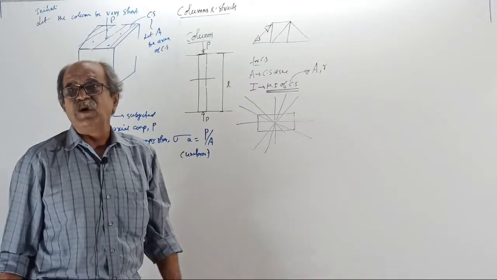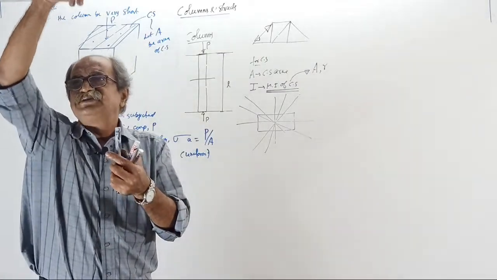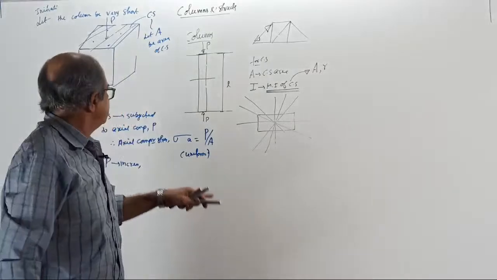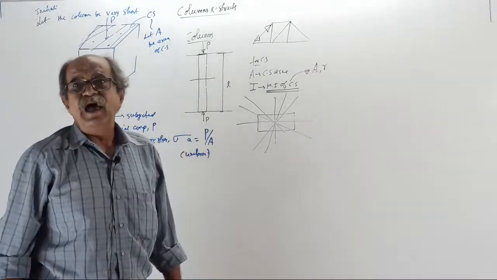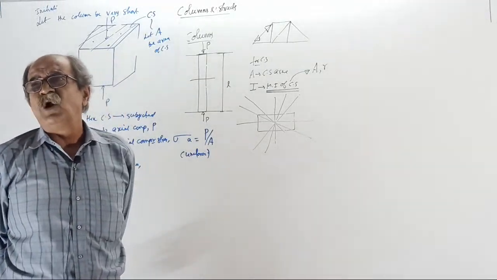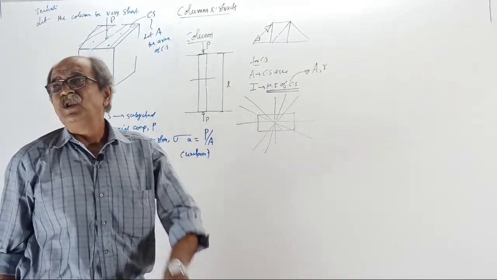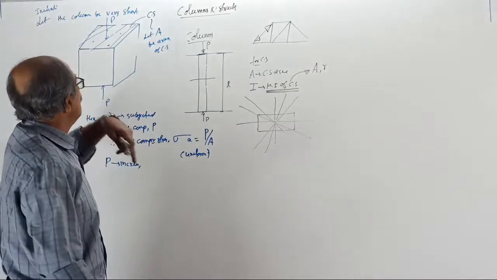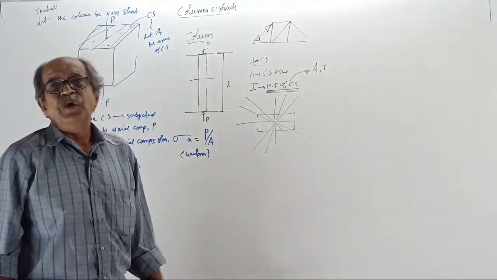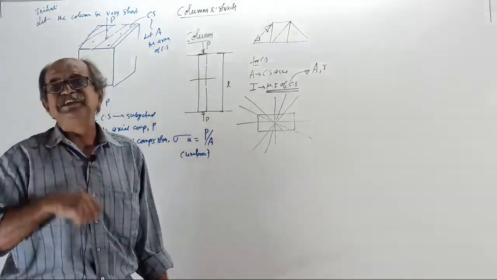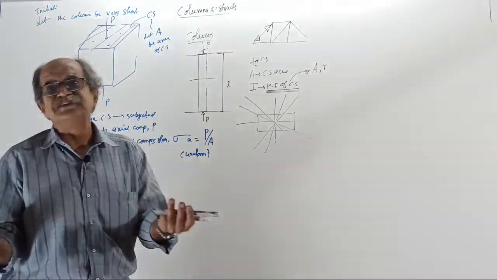Some will tell, sir, A will change. Yes, correct. Tell why. When you apply axial force P, the stress is sigma A or sigma axial, divided by Young's modulus will give strain, then multiplied by Poisson's ratio will give lateral strain. Because of lateral strain, the cross section will slightly change. That is not considered here.